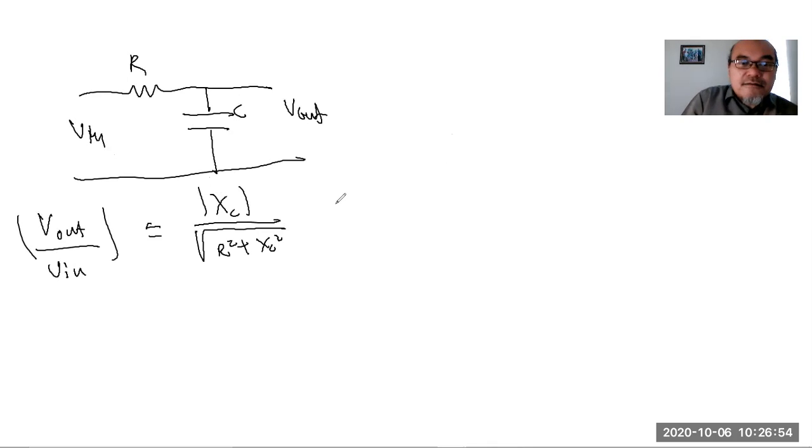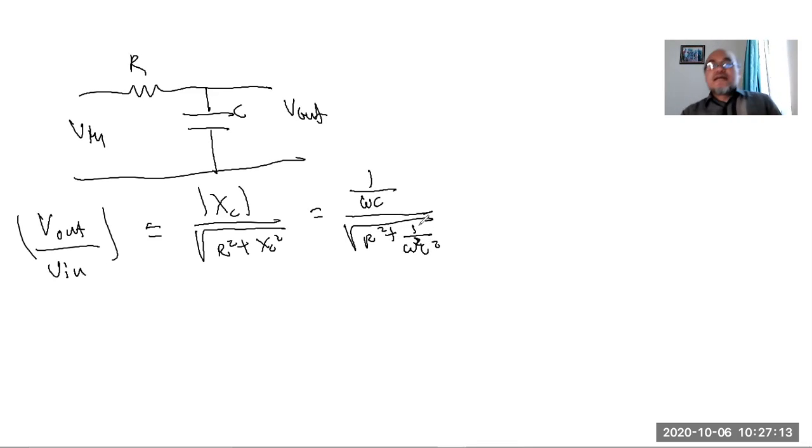If we replace XC with 1 over omega C, this will be 1 over omega C divided by square root of R square plus 1 over omega square C square. Please correct me if I'm wrong.